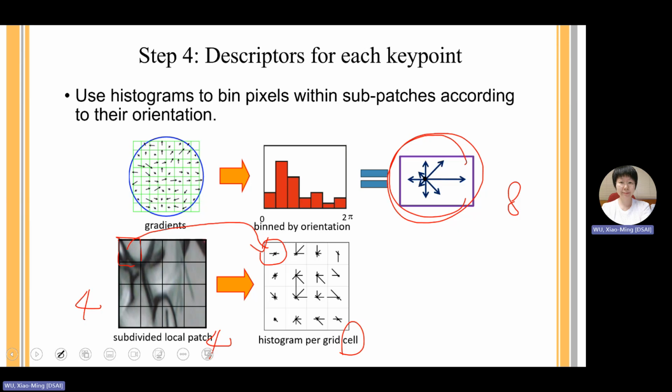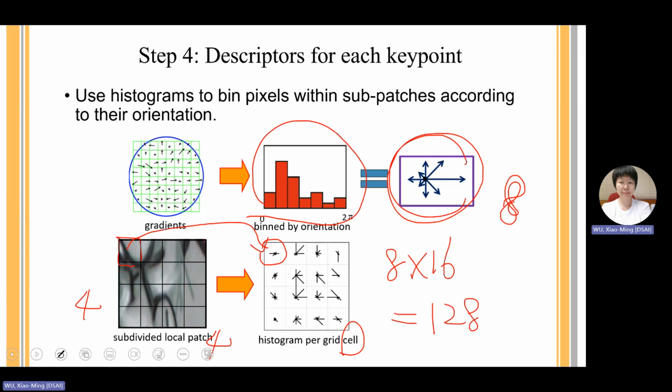So within each cell, there are 8 directions, and for each direction there's a number indicating the count. So for each cell we need 8 numbers to represent it, and we have 16 cells, and this will give us 128 dimensions, 128 numbers.